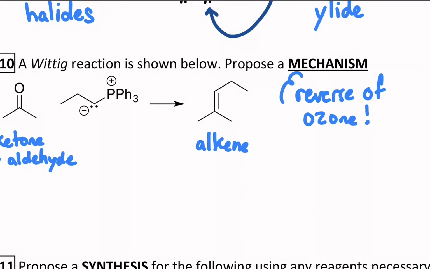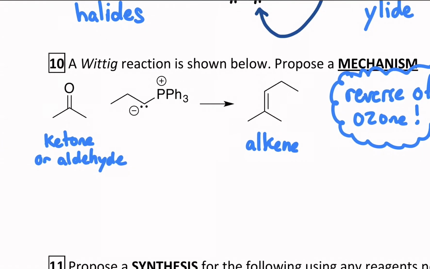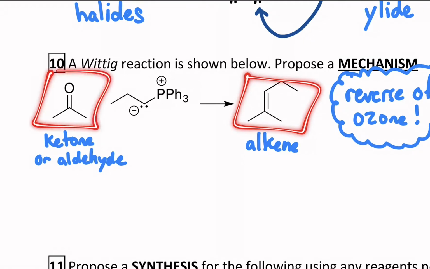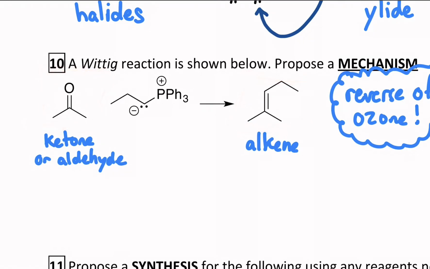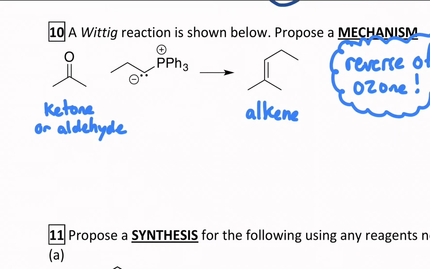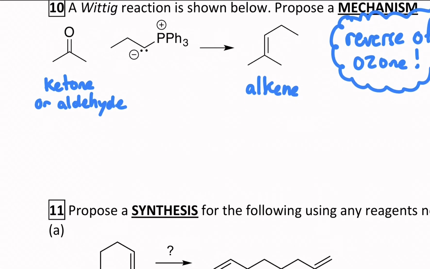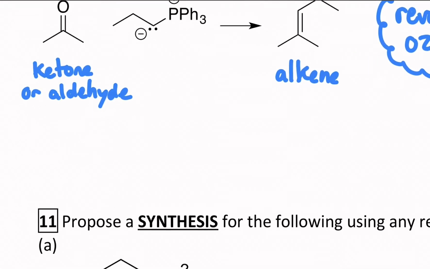Not in terms of how the reaction happens, but just in terms of a synthetic transformation. Ozonolysis takes alkenes and turns them into aldehydes and ketones. This does the opposite. So if we're planning a synthesis, we can think of those two transformations as kind of complementary pairs.